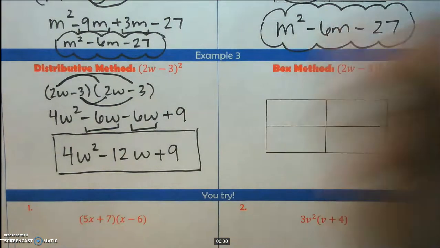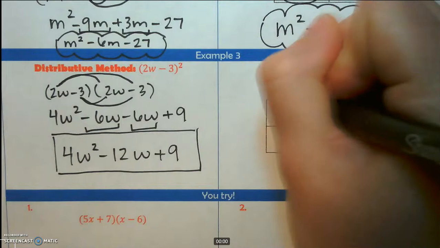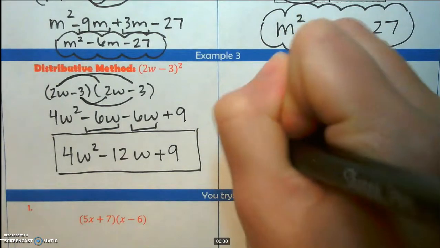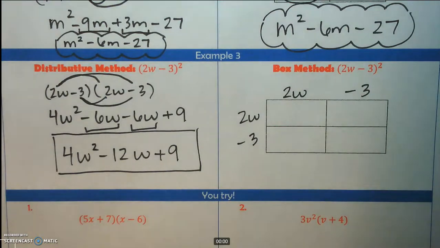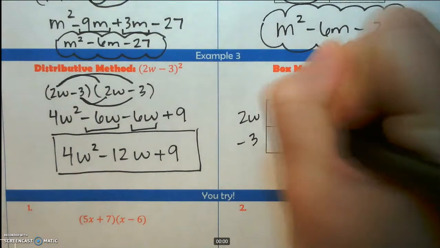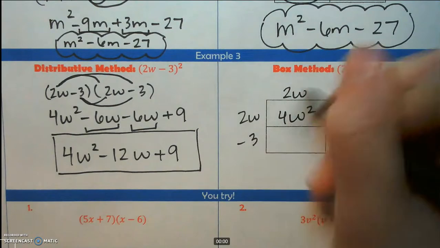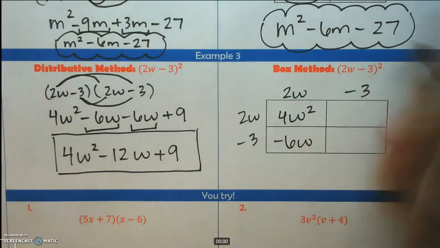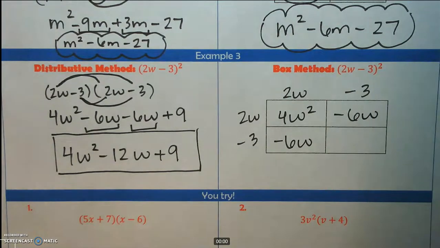We could have also done that with the box method or the area model, right? 2w minus 3 times 2w minus 3. We multiply the first box, that's 4w squared. The next box would give us negative 6w. The next box would also give us negative 6w.